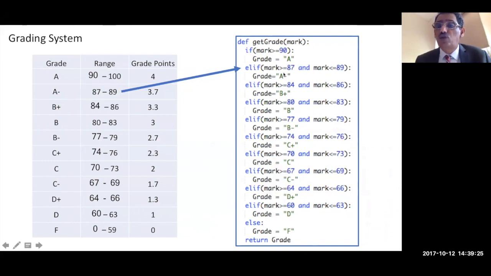Now here there are two conditions. One, it is more than or equal to 87, and the other one less than or equal to 89. If both are true, the answer is true. This is the difference between and and or. And means both are true, you get true, or one of the two, either this or that.